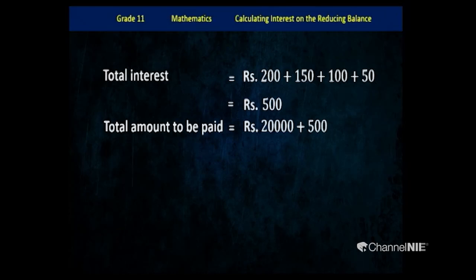During 4 months, you have to pay 20,000, that is our loan amount, plus the additional interest, that is 500. Then the total amount is 20,500. Then we can equalize. We can pay this 20,500 in 4 equal monthly installments.